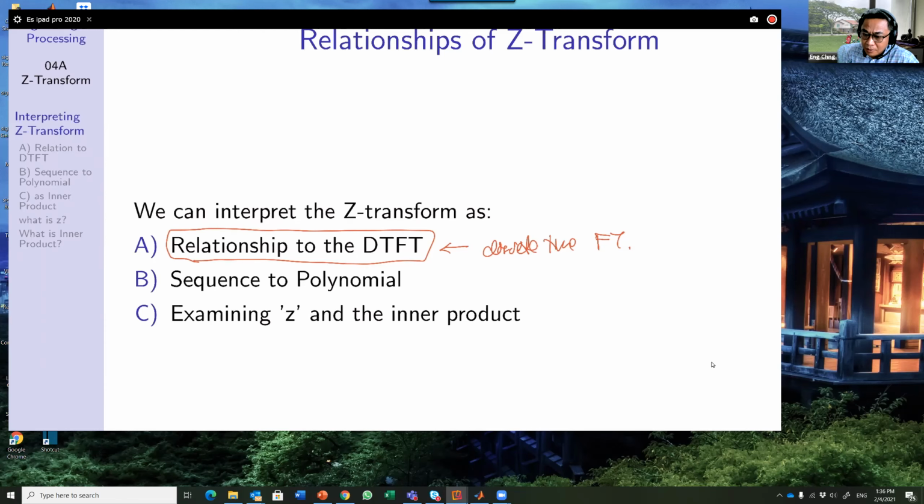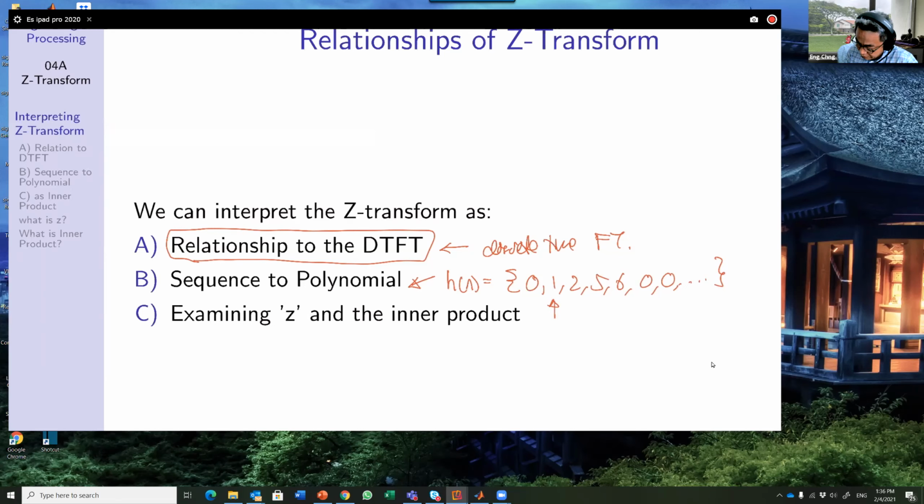I will talk about first, how to interpret Z transform as a sequence of numbers, because basically, for example, if I say h of n equals to 0, 1, 2, 5, 6, 0, 0, and so on, which is a sequence of numbers, and maybe this is h of n.